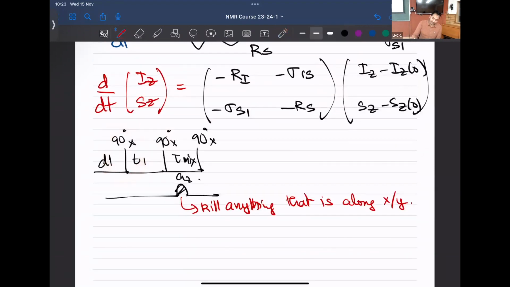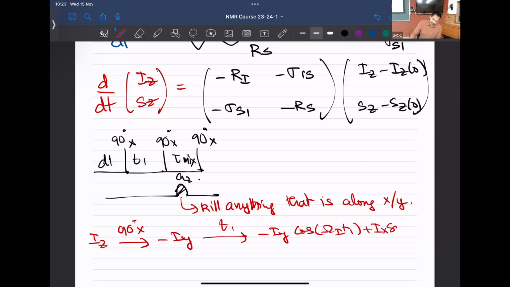You start with Iz. You apply a 90x, it's going to be minus Iy. For t1, it's going to be Iy cos omega I t1 plus Ix sine omega I t1. Right?